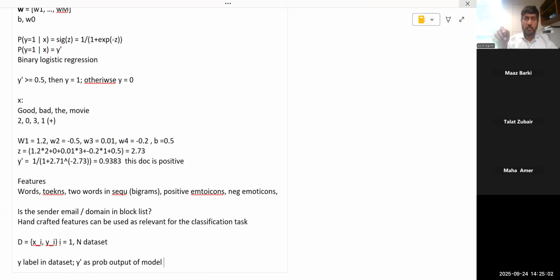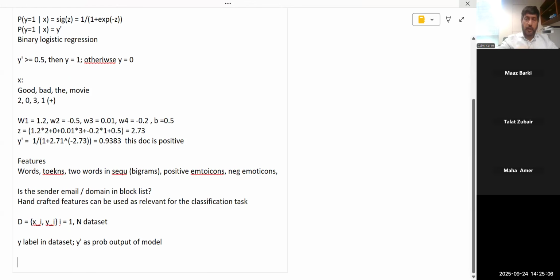Remember, y prime में आपके parameters आ रहे हैं सारे. ठीक है. So we have to define a cost function or loss function, which would quantify the difference between y prime and y given the data set.